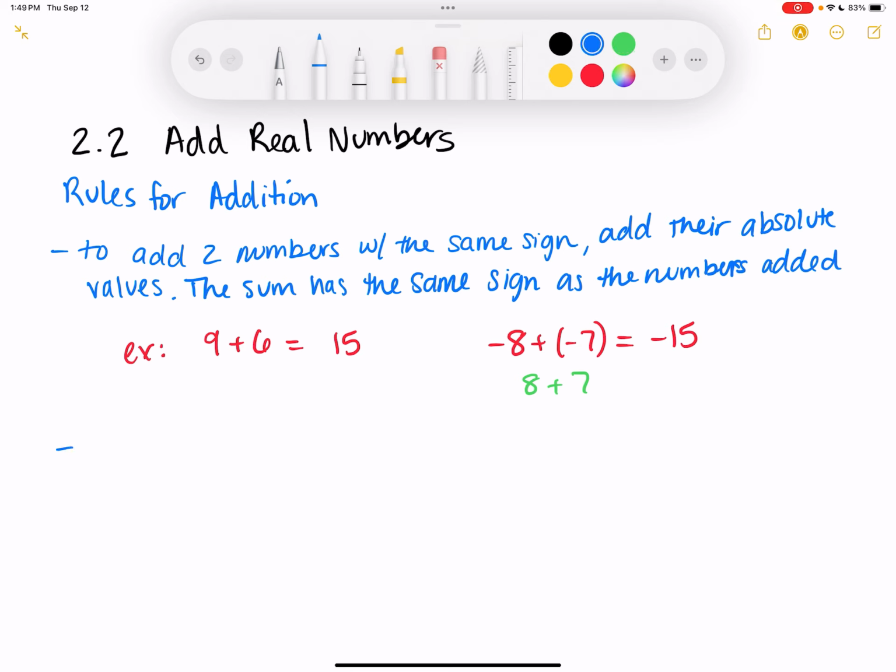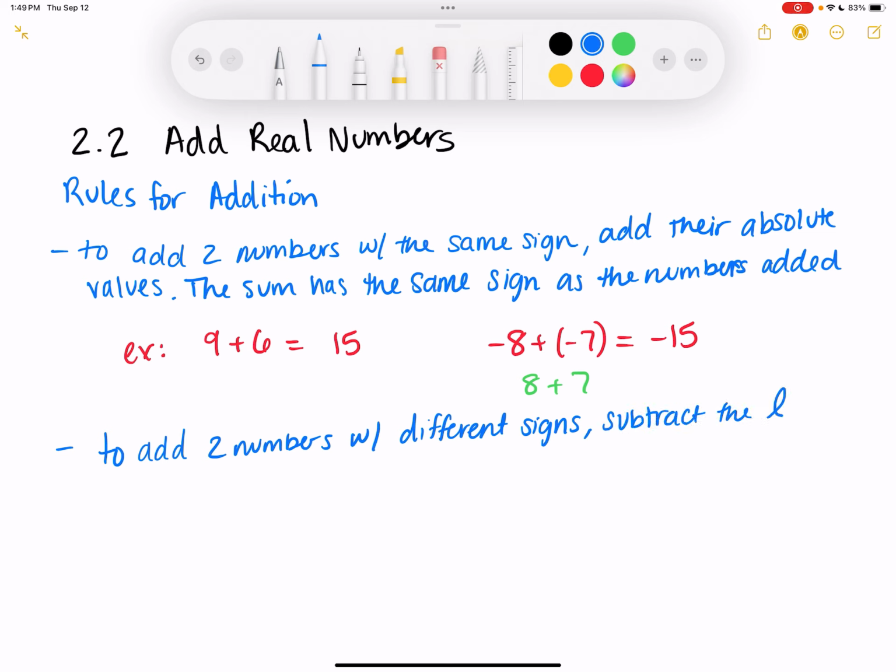The other thing is to add two numbers with different signs. Subtract the lesser absolute value from the greater absolute value.